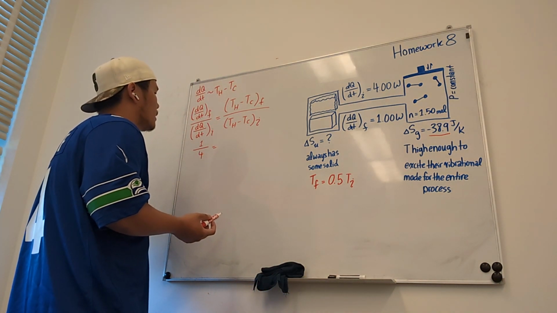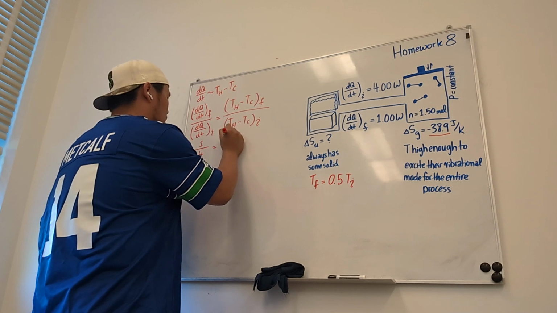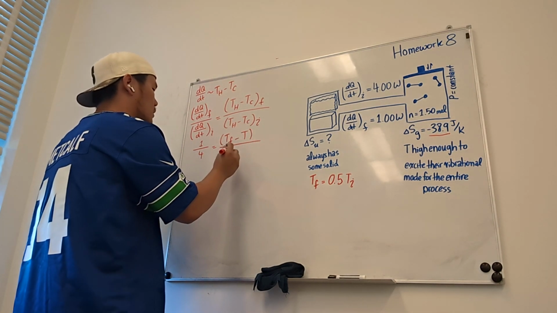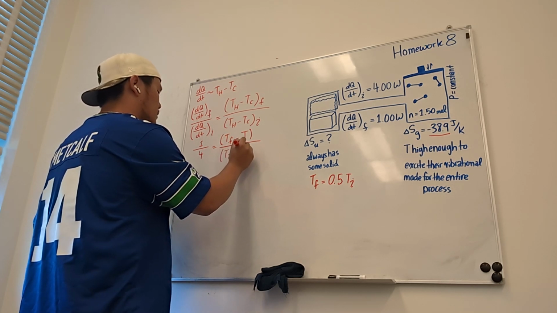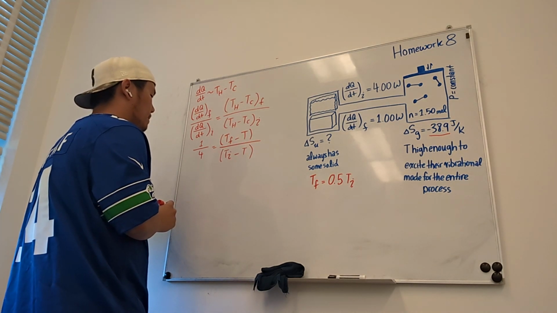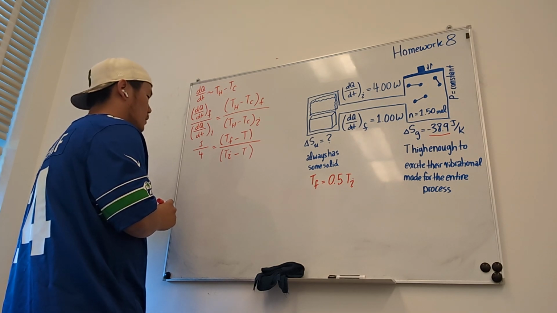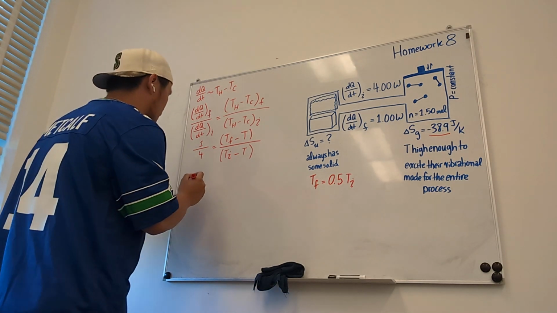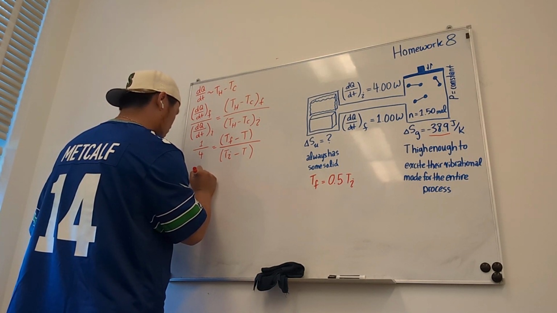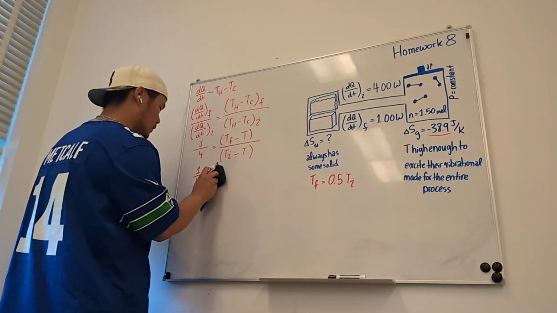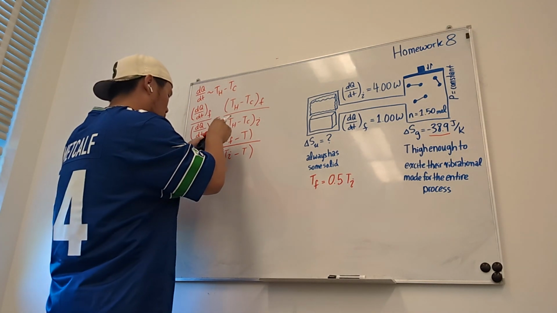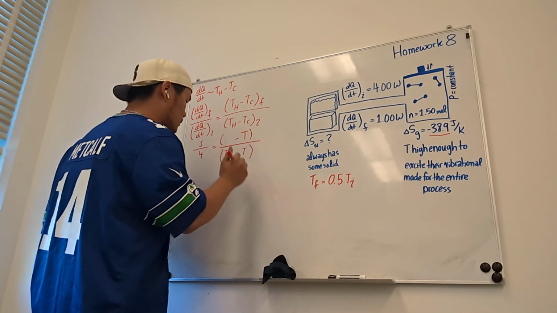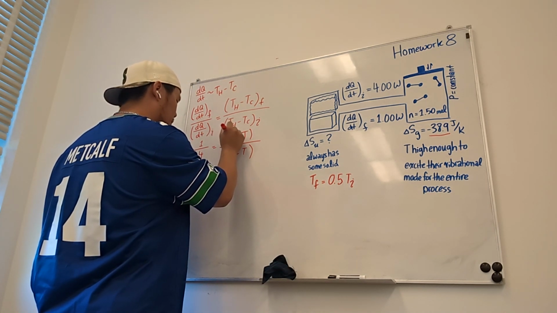We can set this up to be temperature final minus temperature of what we're looking for, T, over temperature initial minus T. Now let's try to get rid of some terms. We know that temperature final is equal to 0.5 temperature initial, so we replace it with 0.5 temperature initial.